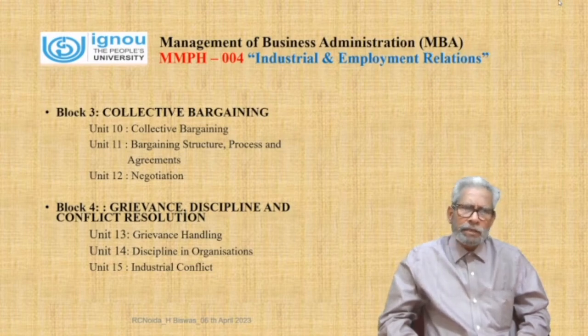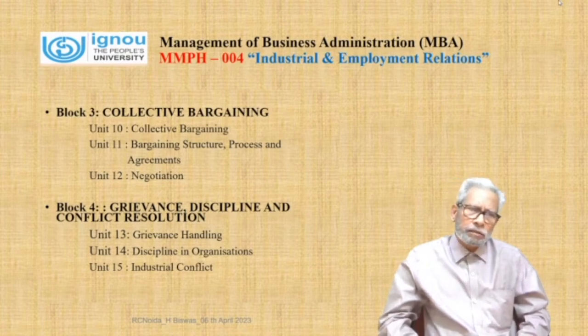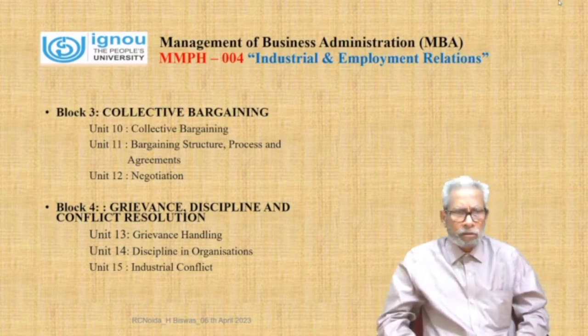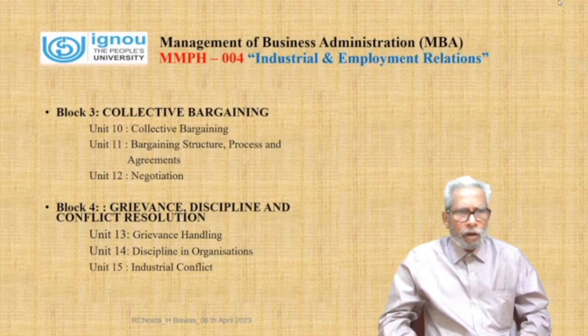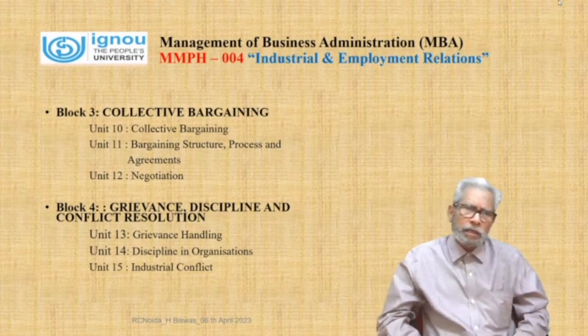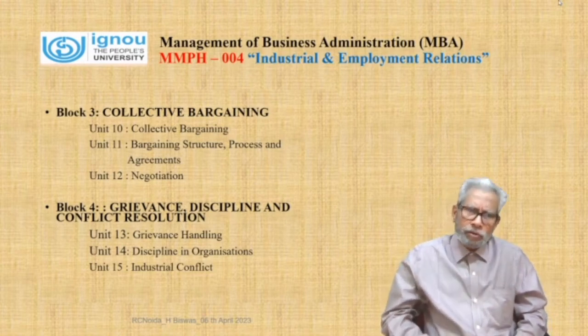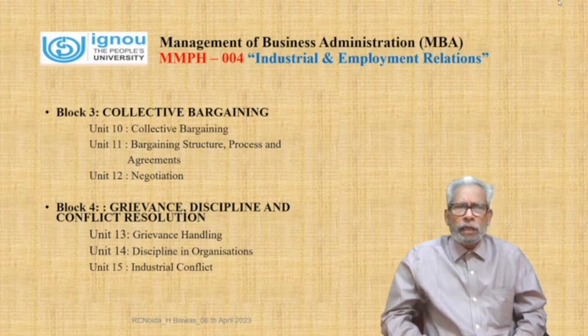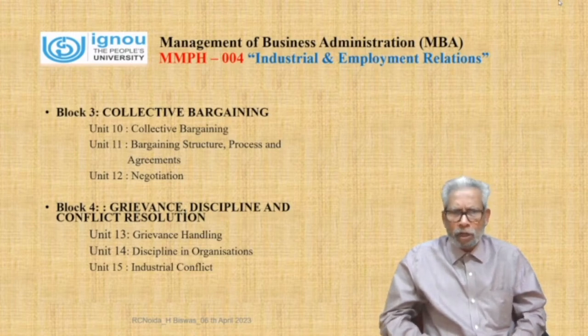Unit 11 is bargaining structure, process, and agreements, and unit 12 is negotiations: how to negotiate things, if any bonus or ex gratia or any benefits for the welfare of the employees, how to deal with the employer. All these are part of negotiations. You have to see it, and there are a lot of rules. There are arbitrations, and how arbitrations come in there.